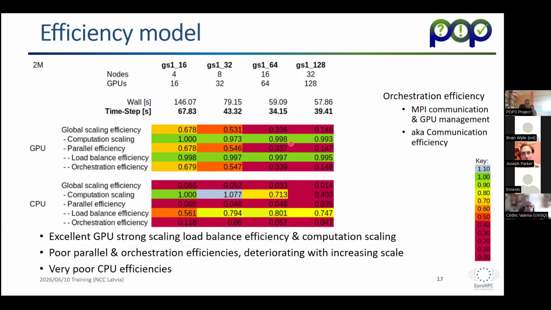Putting all that information together into a table allows us to see the trends more clearly. We see that the load balance efficiency stays very good all the way up from the smallest configuration here to the largest one, and it's the orchestration or communication efficiency for the GPU here, that's where the efficiencies are degrading very substantially. When we look at the efficiencies of the CPU side, there the efficiencies are low as well, but here the application developers weren't worried about keeping the CPUs busy.